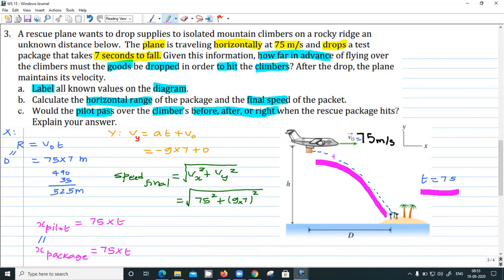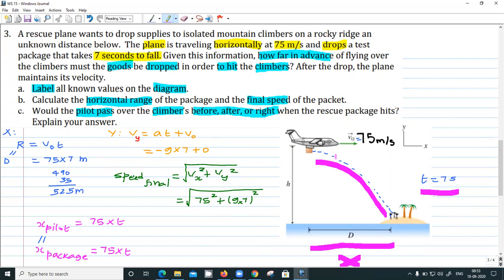X and x sub 0. I don't know what x and x sub 0 is. X is distance, right? Yes. But we can calculate that.